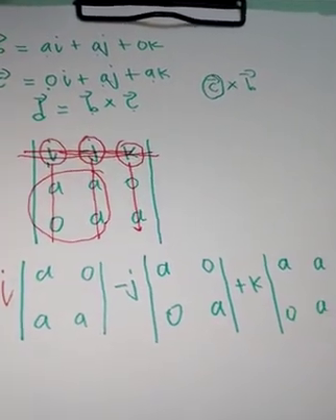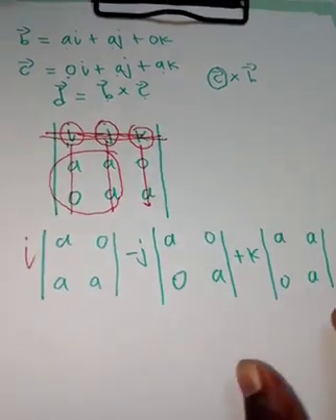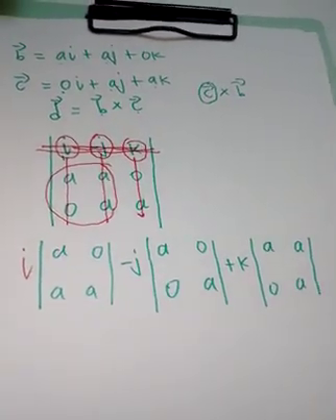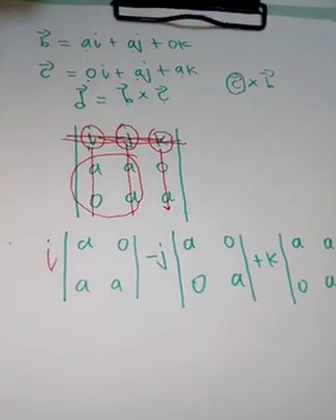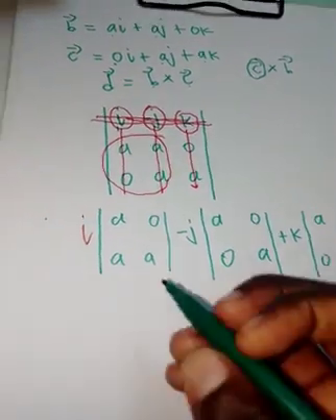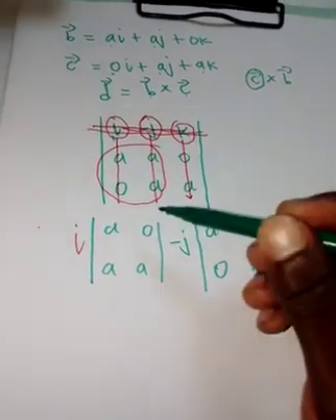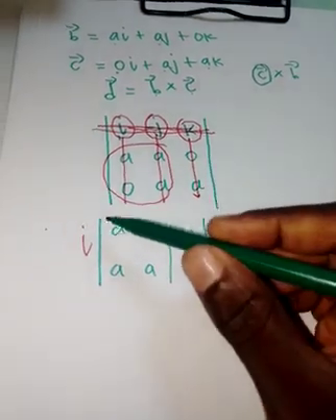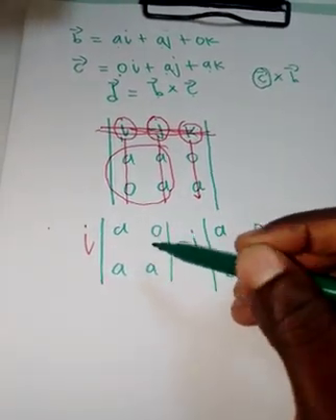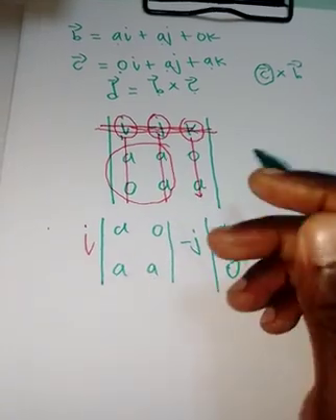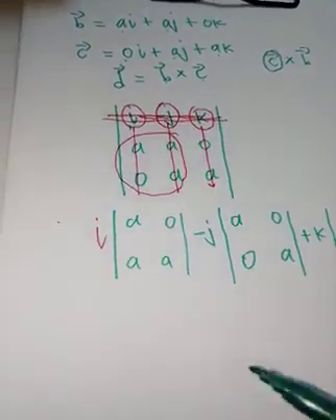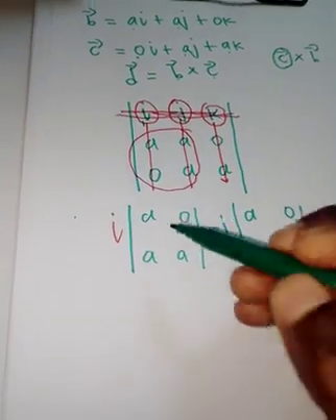Then here just find the determinants of these 2 by 2 matrices and sum them up. We know that the determinant of a 2 by 2 matrix is the product of the major diagonal minus the product of the minor diagonal. So this is what we do.